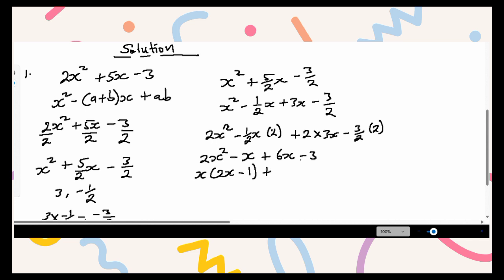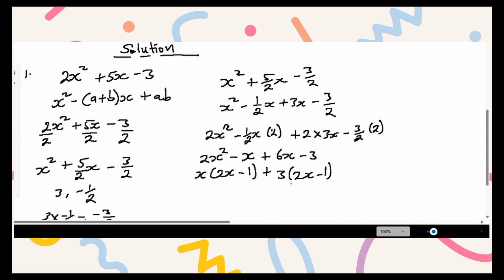Then the last 2 terms, 6x minus 3, what is common in them? I can factorize 3 out, and when 3 is factorized out, what can I multiply by 3 to get 6x? That is 2x. What can I multiply by 3 to get minus 3, which is minus 1?